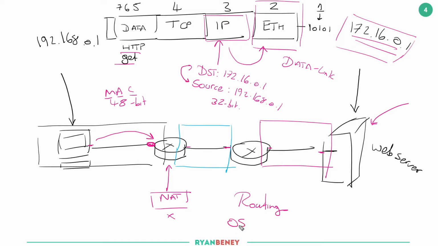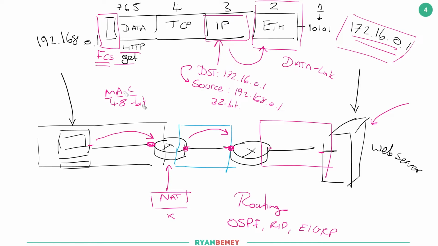Remember I said that these are things like OSPF, RIP, and EIGRP, and because of that it knows to send it this way. But before it sends it this way, it needs to populate and create a new Ethernet header and Ethernet trailer.